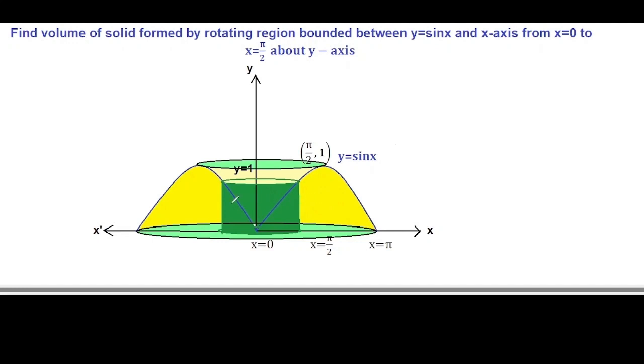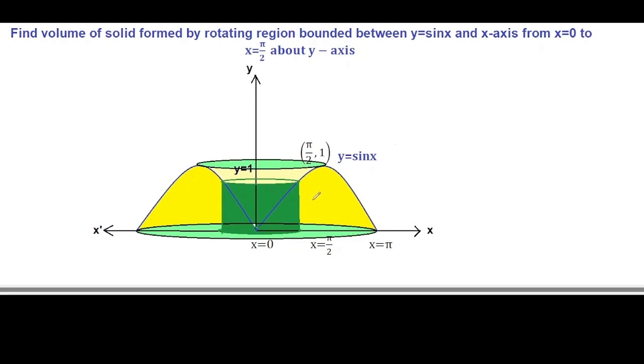So if we integrate the volume of the cylinder so formed from x equal to 0 to x equal to pi, then that is going to give us the volume of the entire solid. And the volume of the cylinder can be found by multiplying its curved surface area with its width.